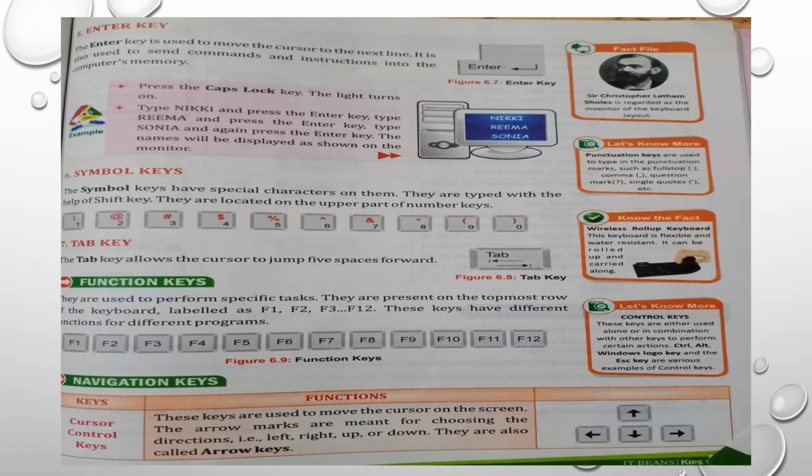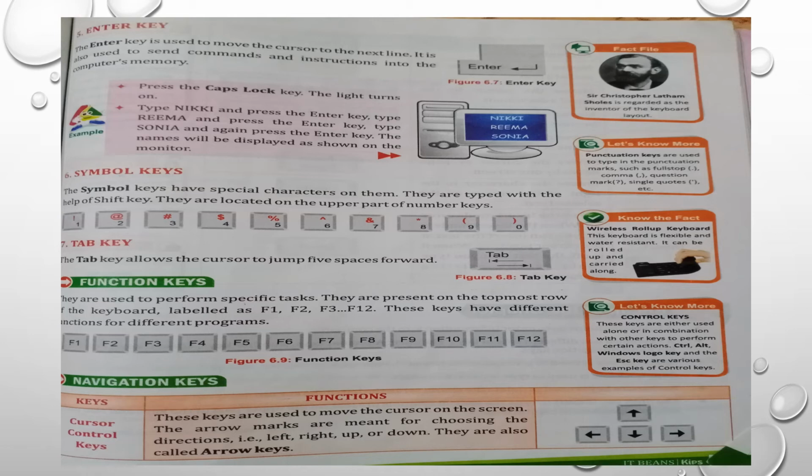They are typed with the help of the shift key. They are located on the upper part of the number keys. After that, the tab key. The tab key allows the cursor to jump 5 spaces forward.